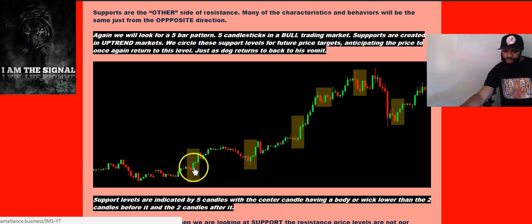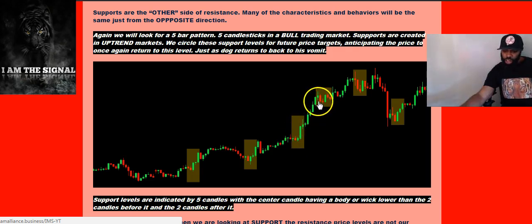Here go 5 candlesticks. This one in the middle is lower than the first 2 and lower than the 2 after.